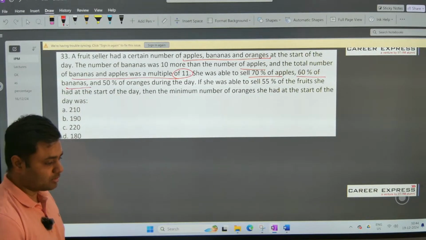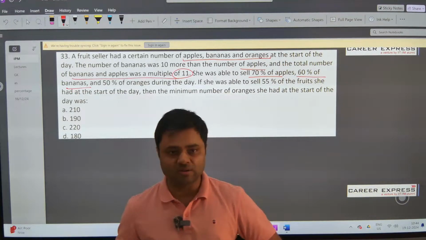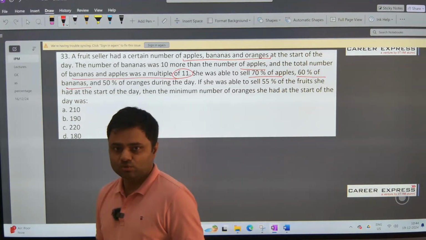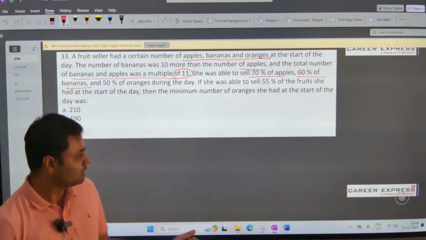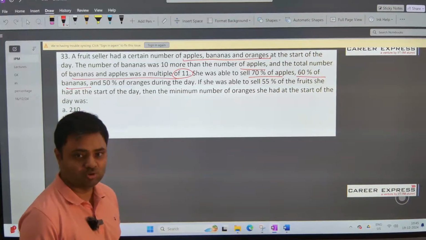Now, because the question involves selling apples, bananas, oranges, that means these fruits are sold in whole numbers. So whatever numbers are there, all of them have to be whole numbers, right? So the initial number obviously should be a whole number.